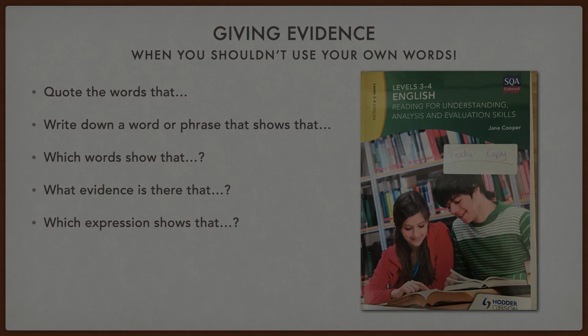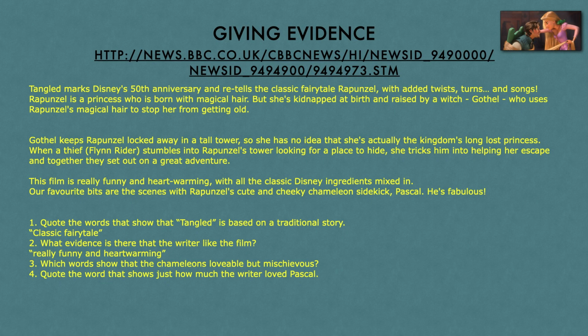Okay, so if I give you an example, and this is just taken from a really old review of the film Tangled from the CBBC Newsround website. Tangled marks Disney's 50th anniversary and retells the classic fairy tale Rapunzel with added twists, turns, and songs.